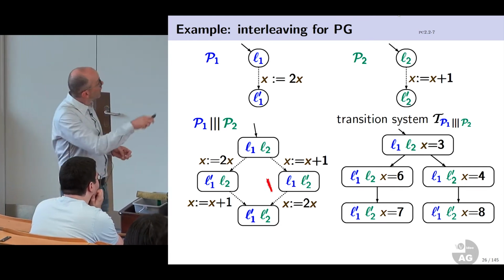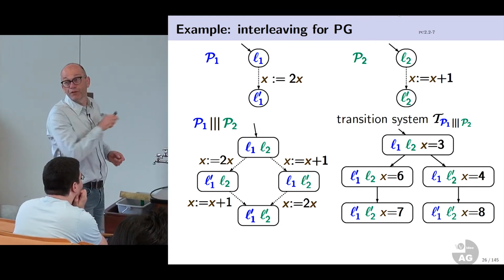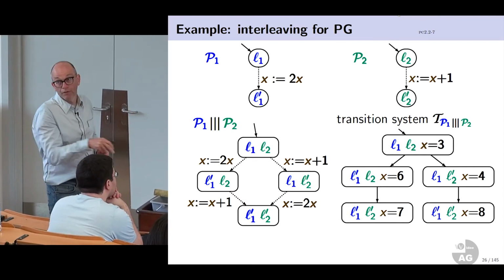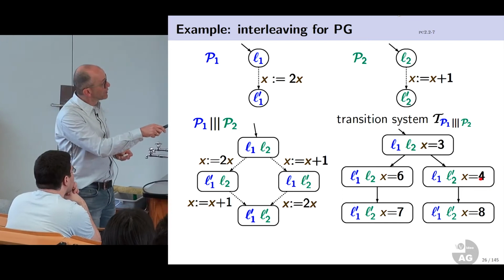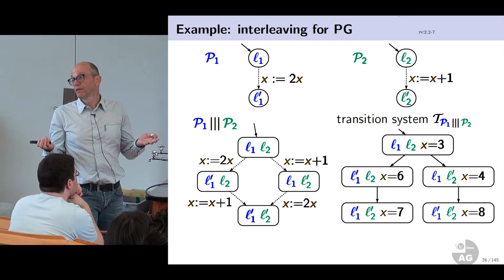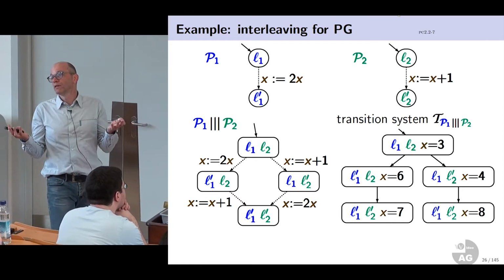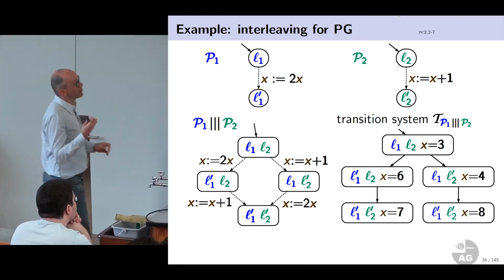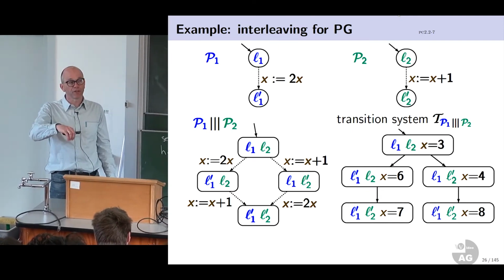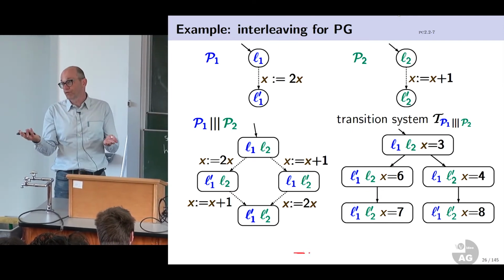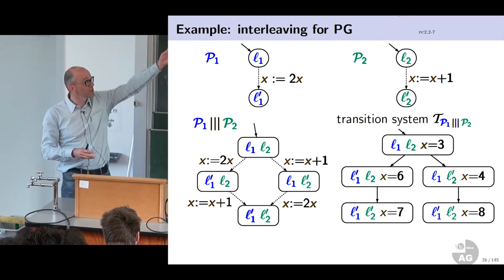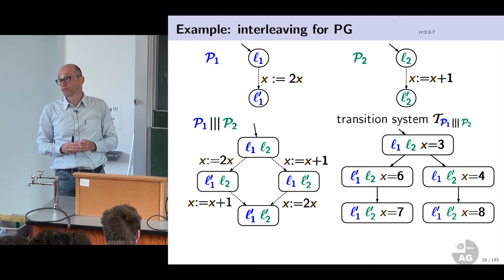If, however, we move here and then we move there, then it's clear we first increment x by 1, 3 plus 1 equals 4, then we double x and we get 8. And now we get exactly what you expected, namely, depending on the ordering, you first double x and then increment x, or you first increment x and then double x, you get two different outcomes. And this is now adequately represented by this transition system on the right.